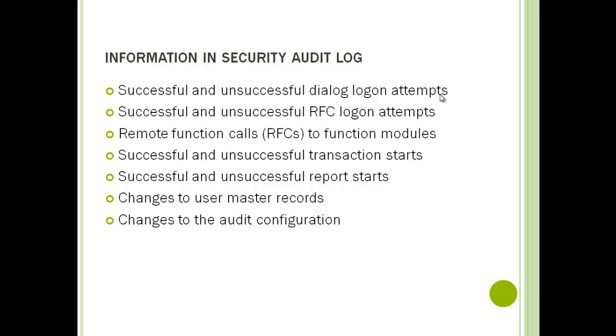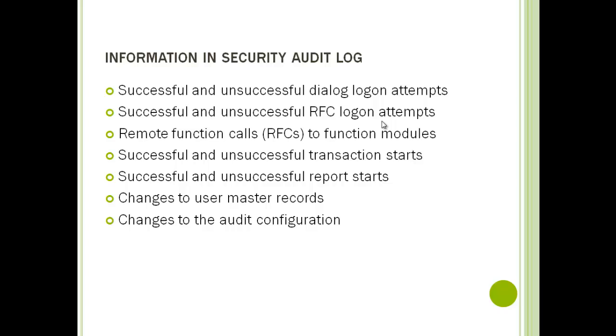The next one is successful and unsuccessful RFC logon attempts, because RFC logon is also very important. We need to record how many successful or unsuccessful logons are made from an RFC destination, from a remote system. The next one is RFC function calls, that is RFCs to function modules.